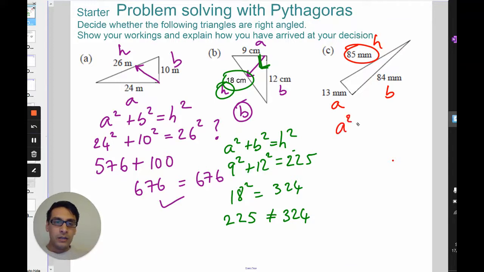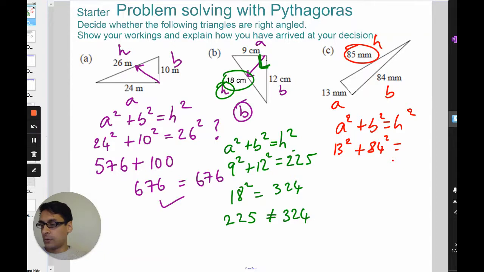A squared plus B squared equals H squared. So I'm going to make 13 squared A, and then B squared I'm going to make 84 squared. Now 13 squared plus 84 squared gives me 7225, and then 85 squared gives me 7225 as well.